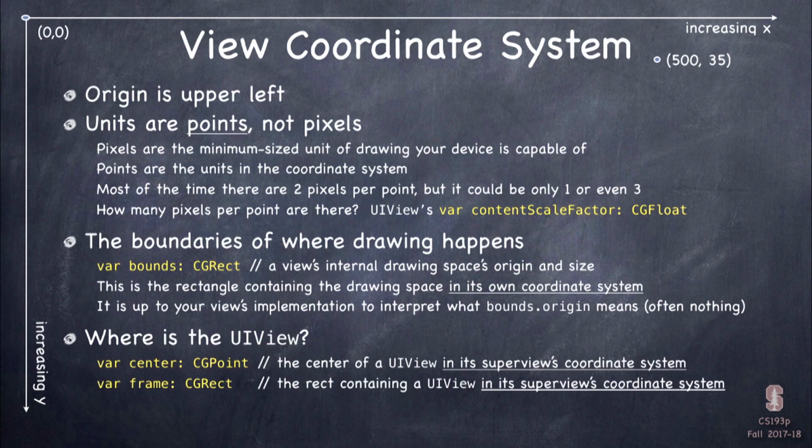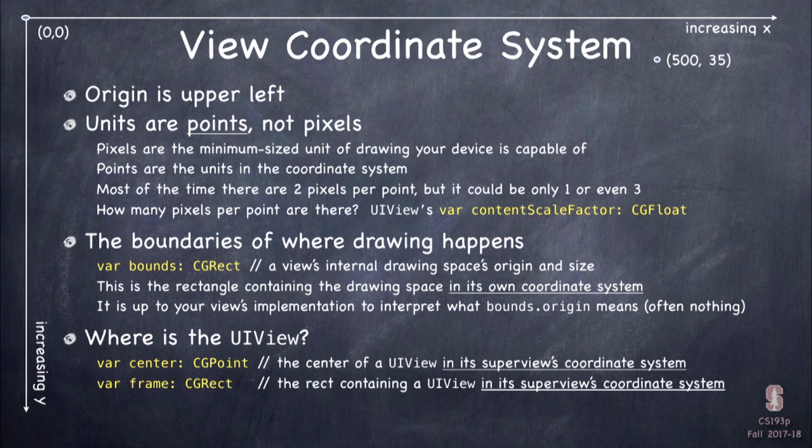Now there are a couple of other things like frame, okay? Var frame sounds a lot like bounds. Frame has nothing to do with your drawing. Nothing. It's a rect, but it has nothing to do with your drawing. The frame is where you are in your superview. So frame is not even in your coordinate system. It's in your superview's coordinate system. It says where you are.